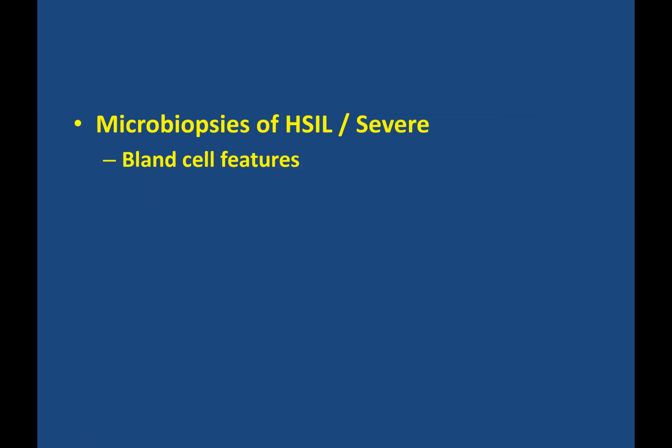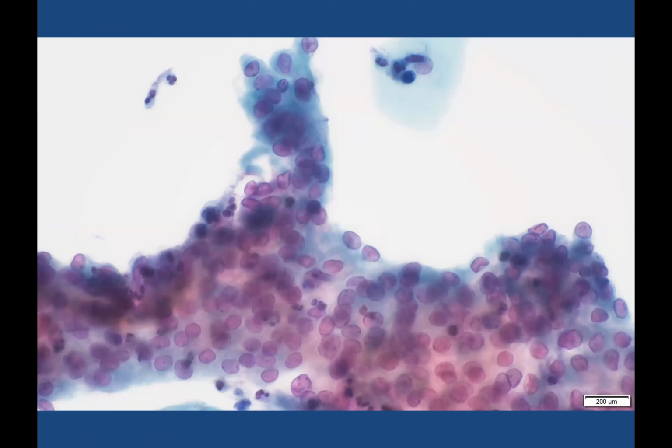Now, I'm going to touch on bland cell severe dyskaryosis. This is a tricky diagnosis and it can overlap with endocervical issues, because at low power, bland cell severe dyskaryosis can be mistaken for either normal endocervical groups or indeed immature squamous metaplastic cells. Now, this whole sheet is bland cell severe dyskaryosis.